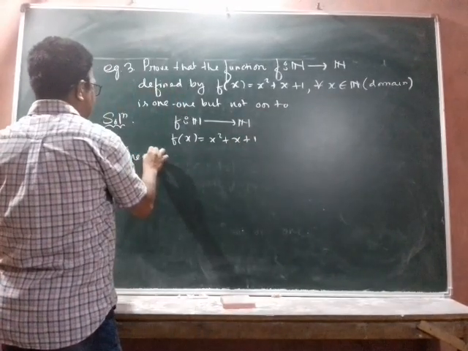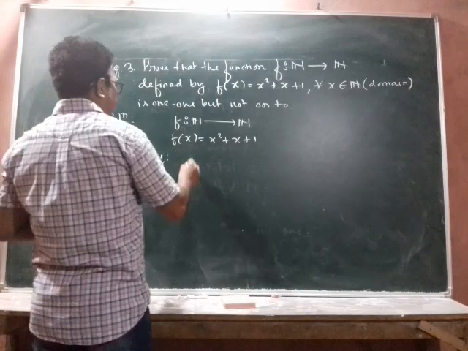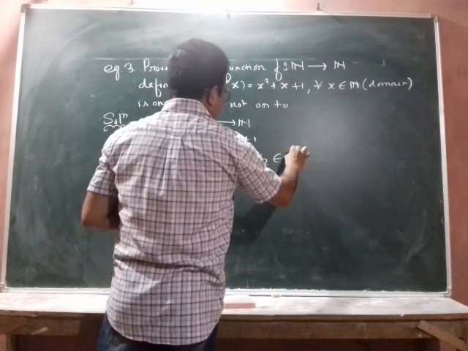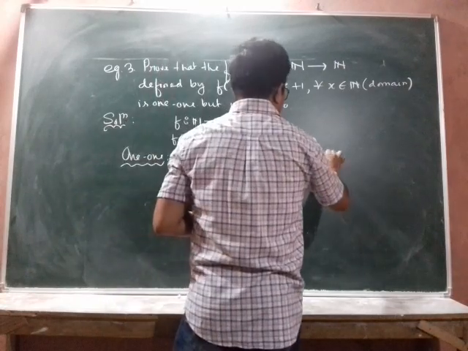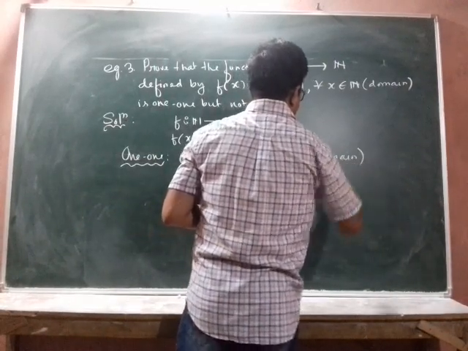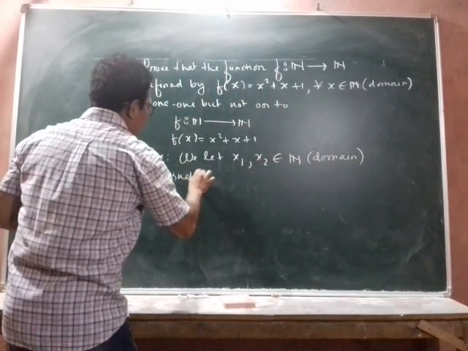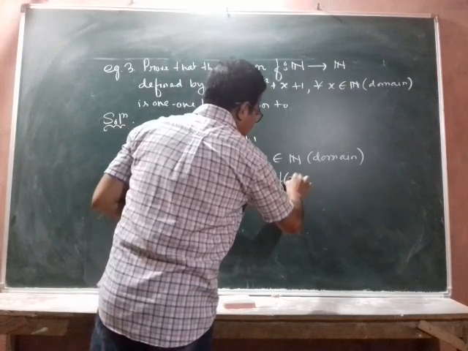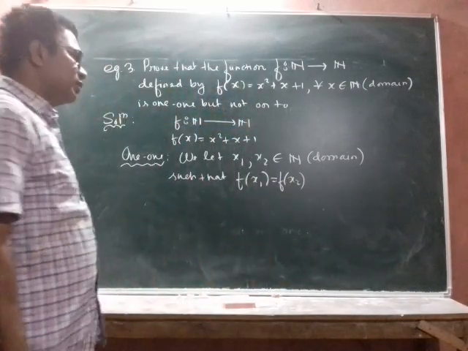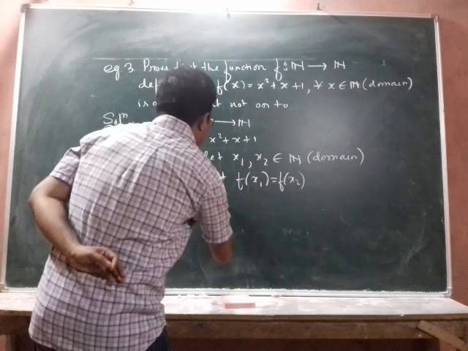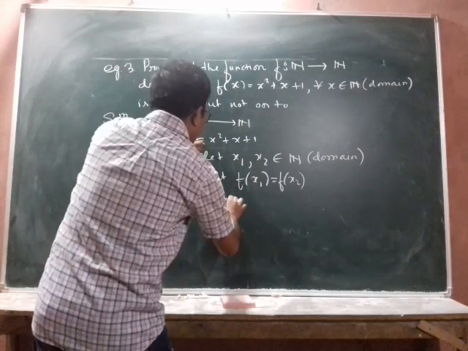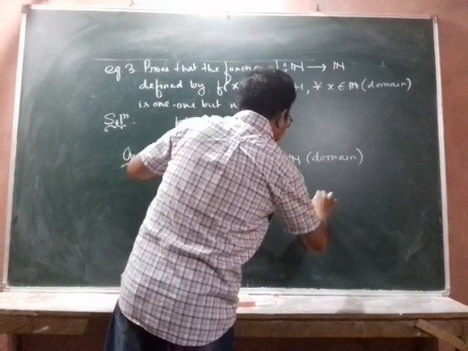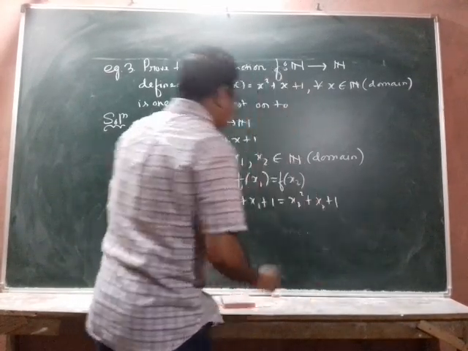So for the 1 1 part, we let two different elements x1 and x2 belong to N, that is the domain, such that we are taking two elements from the domain such that their images are equal, as I said in the earlier cases in the first example. So as their images are equal, according to the definition it will be x1 squared plus x1 plus 1 equal to x2 squared plus x2 plus 1.